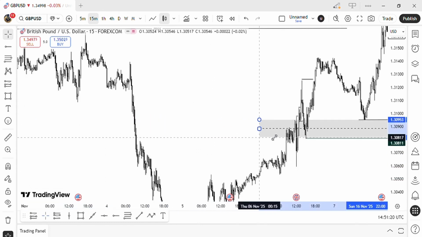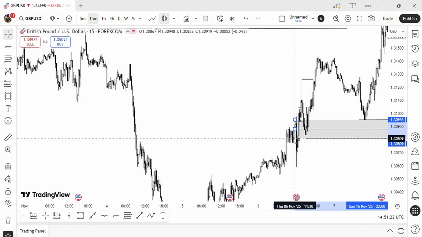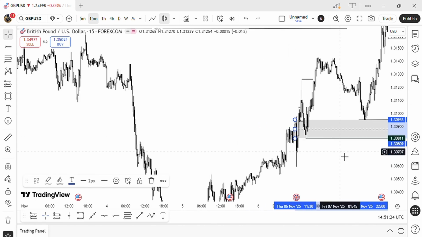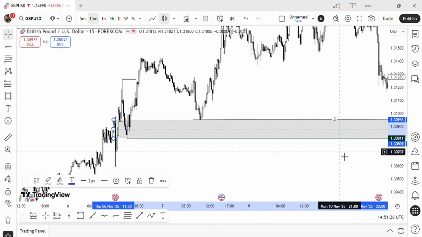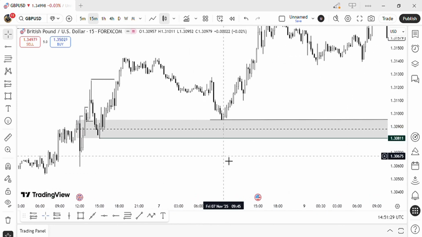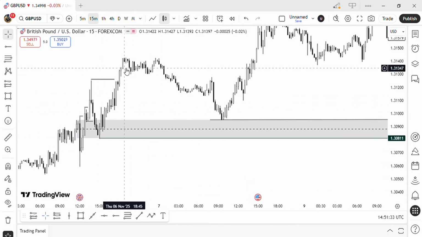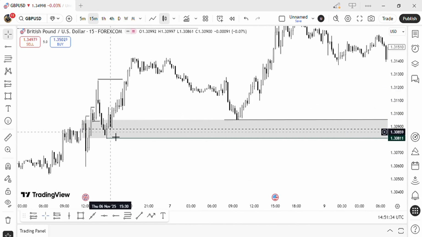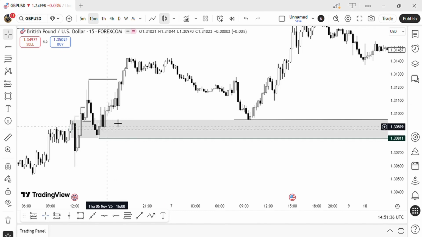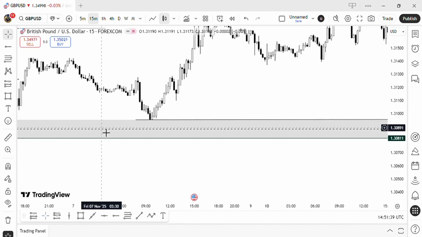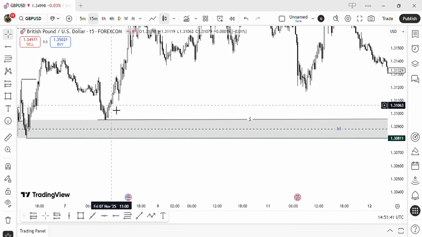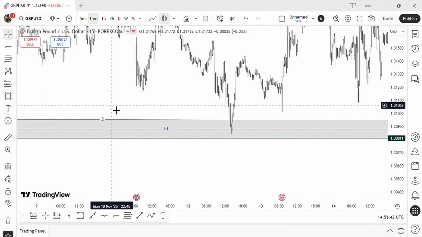So we could literally have our POI reduced to this extent. Can you understand what I just did? This is a strong structure right here, and this is the inducement. So anywhere here is where we expect price to fall, and you could have caught this trade easily.